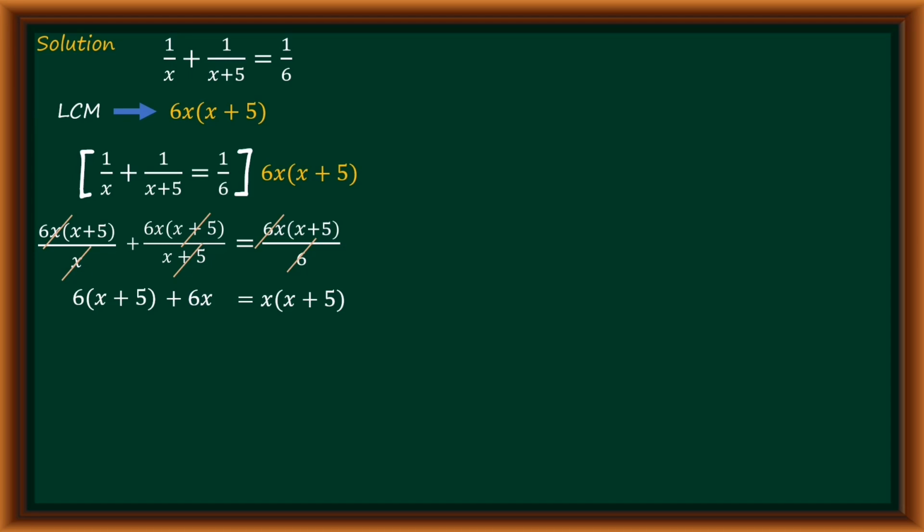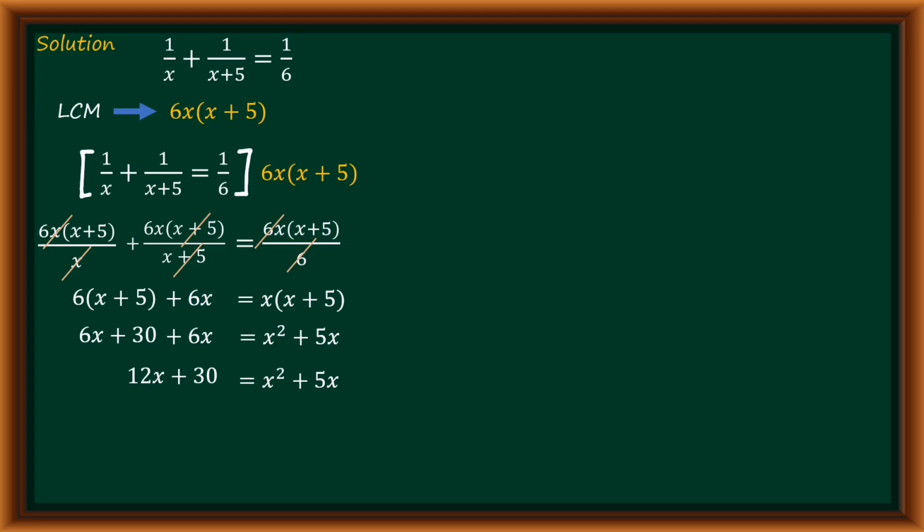It will give us 6x plus 30, and then copy 6x is equal to x squared plus 5x. Let us combine similar terms on the left side. We have 12x plus 30 is equal to x squared plus 5x.